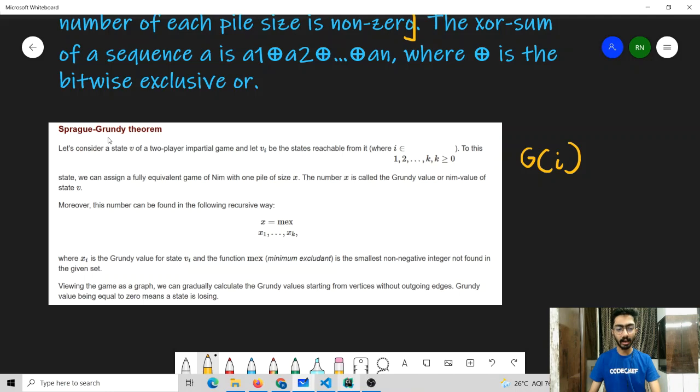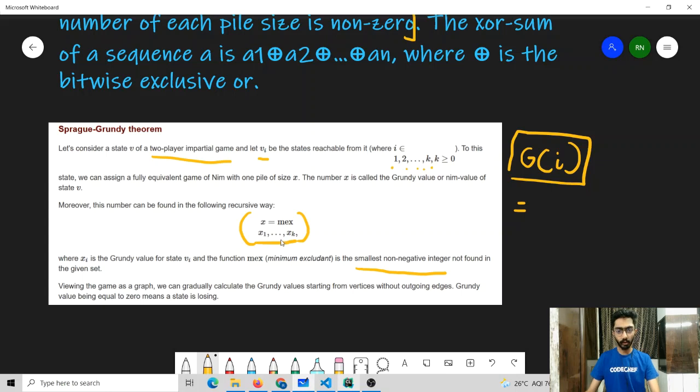What the Sprague-Grundy theorem states is that in a two-player impartial game, if we are currently at some state v_i and all the states reachable from this state are 1, 2 and so on till k, then the Grundy number of this particular state is going to be the mex of the Grundy numbers of all the resultant states. What is mex? Mex is the smallest non-negative integer which is not present in this array.